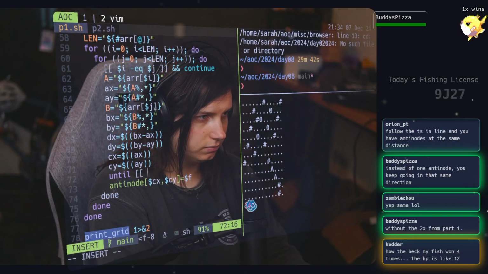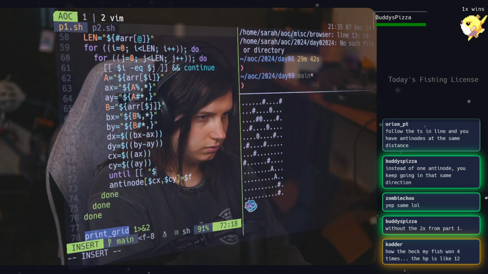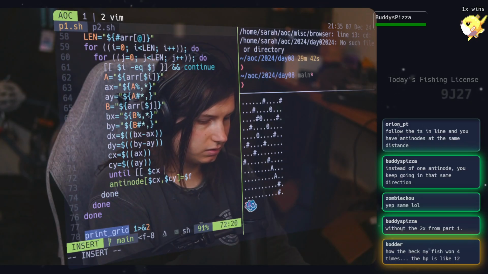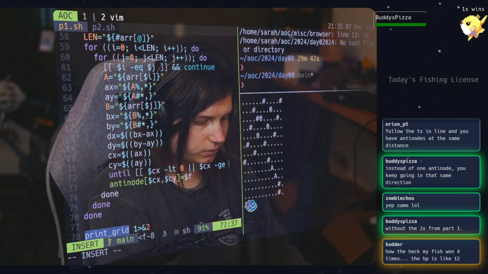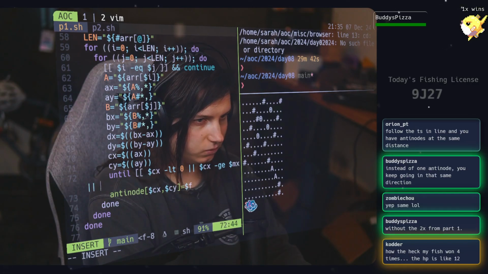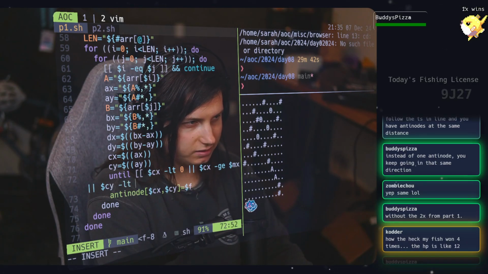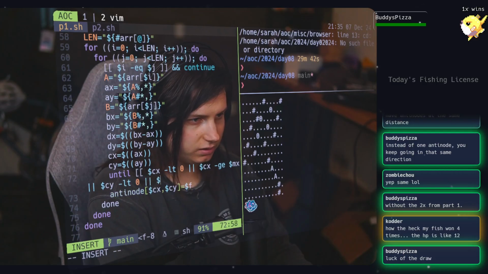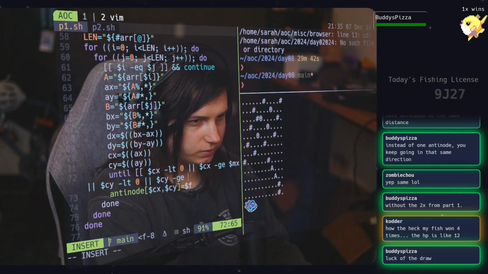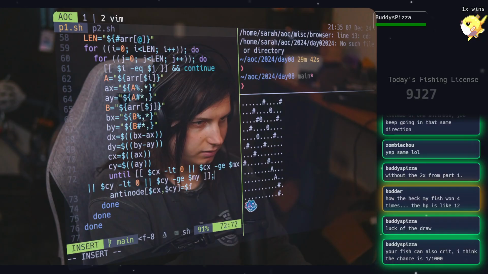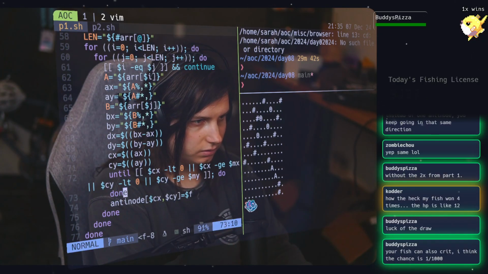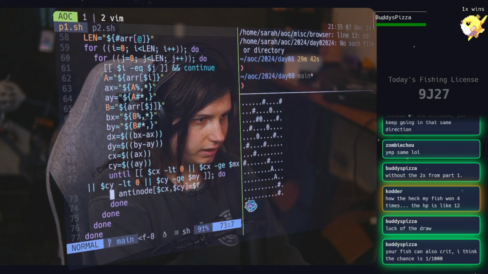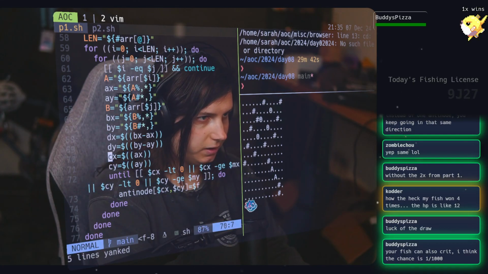Until cx less than 0 or cx greater than or equal to mx or cy less than 0 or cy greater than or equal to my. The do, and we need to modify. I'm also writing this in the wrong file. I hate my life.